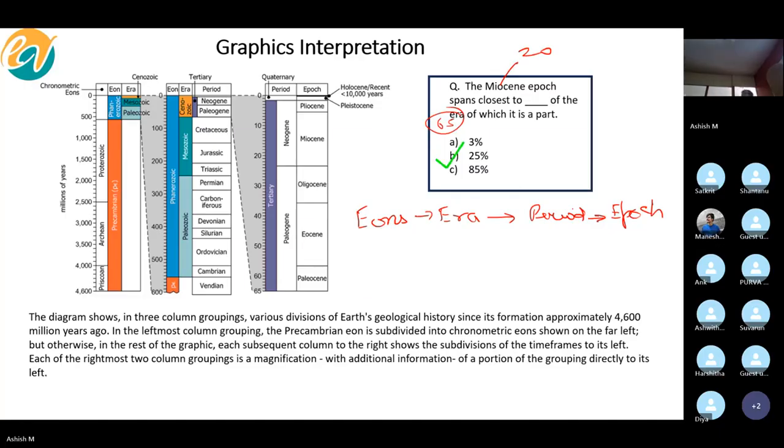Correct. Among the answer choices, thankfully not very close. So almost 25. Guys, is this completely clear? Quite a tough one, guys, to interpret. The graphic itself is not easy to interpret. All right.